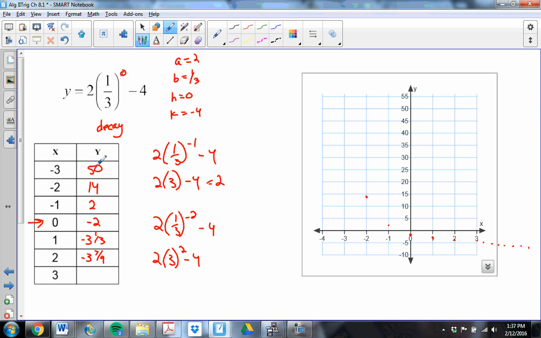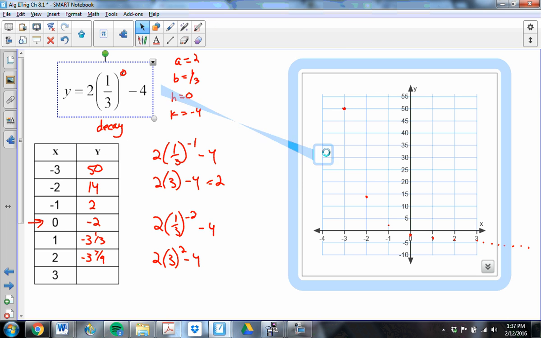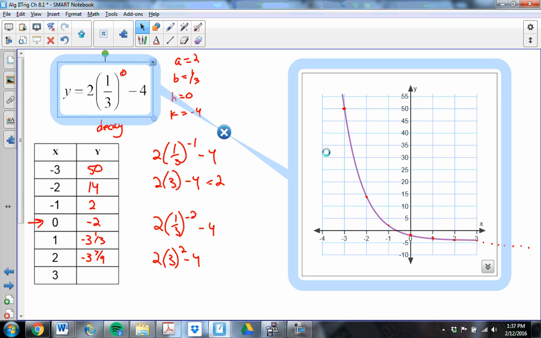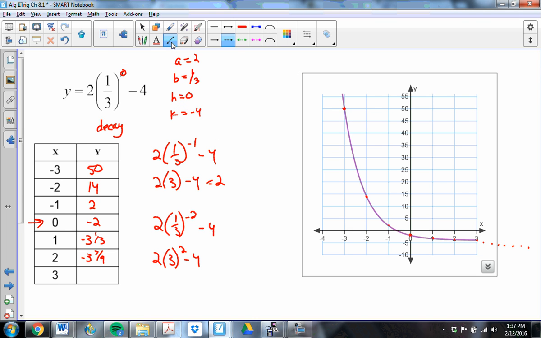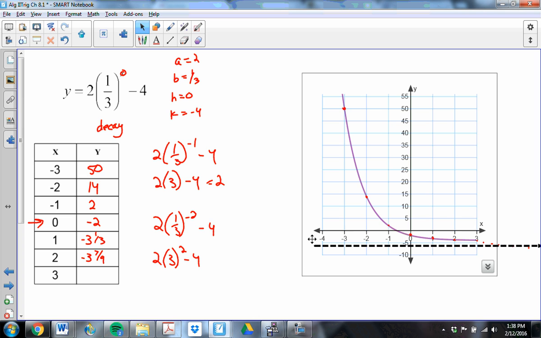So -3, 50 is way up here. And had I just graphed it like this, it's going to go like that. I did a pretty good job. There's again an asymptote here at -4. The line's getting closer and closer to it, but never actually touching.